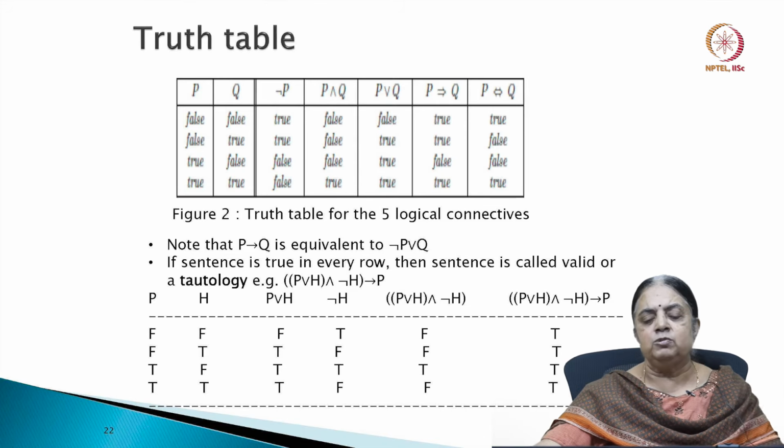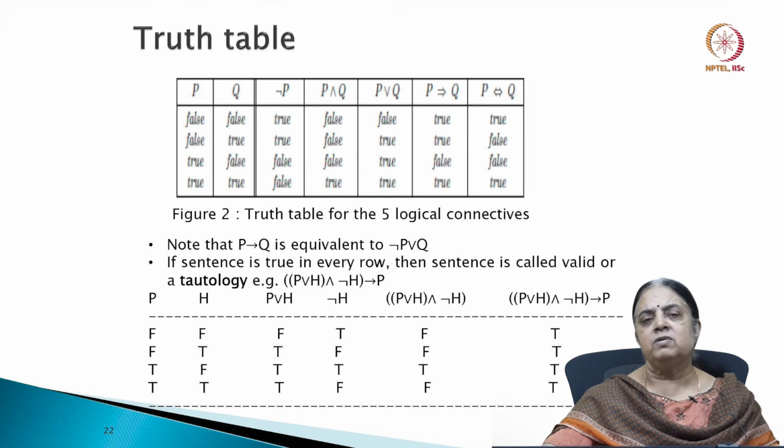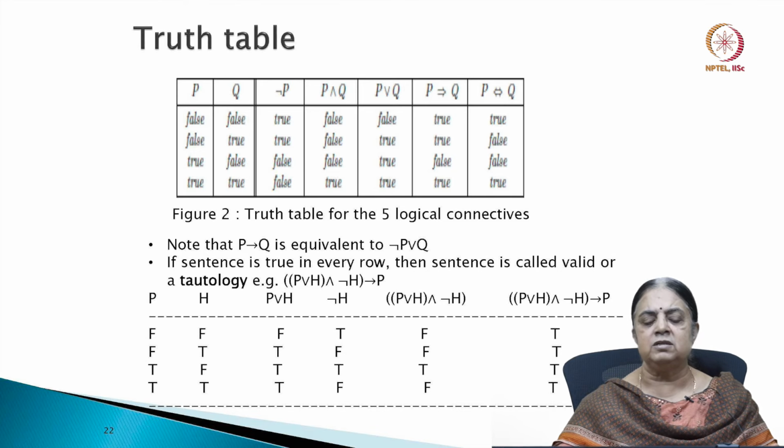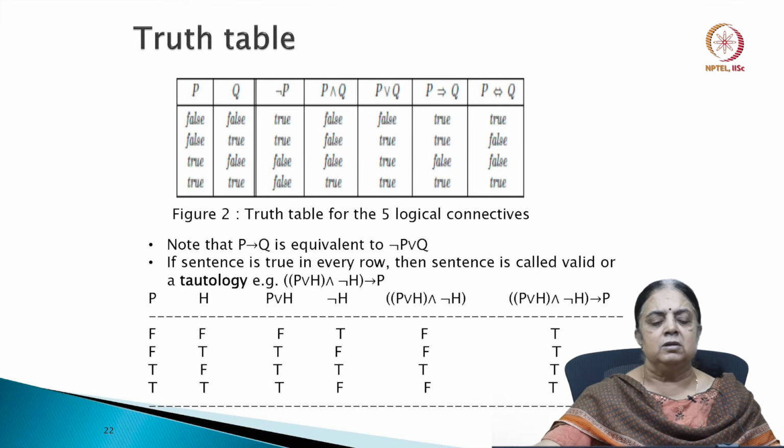So in this way, for any sentence that you have, you can get the truth value of that complex sentence by looking at the truth value of the individual atomic sentences that you have in it. So suppose the truth value of the sentence is true for all the rows that you're talking about, then you say that it is valid, or it's a tautology.